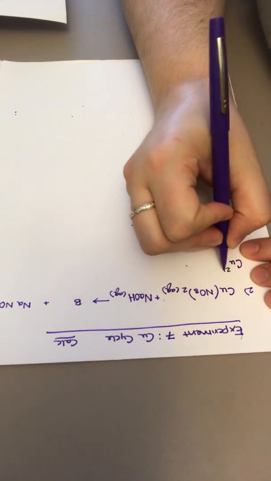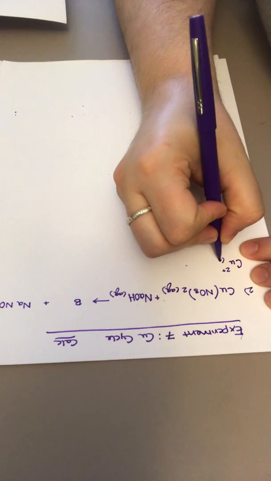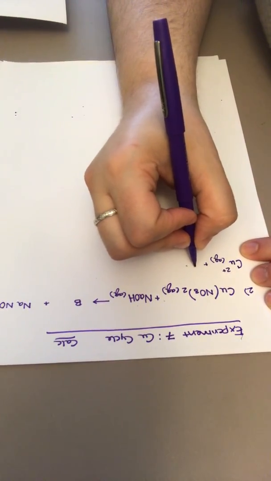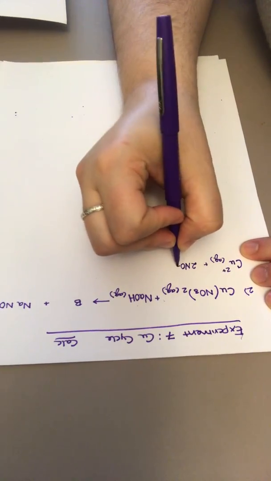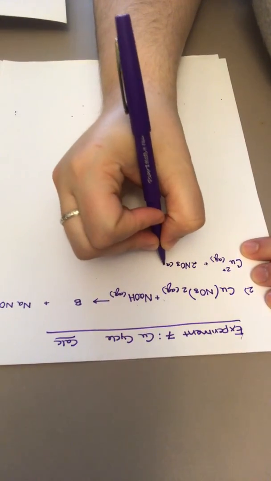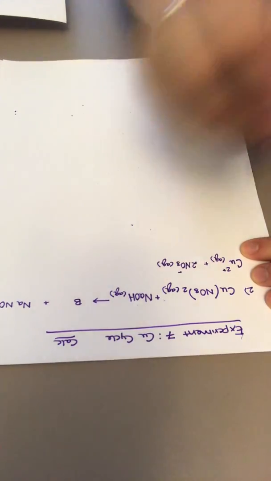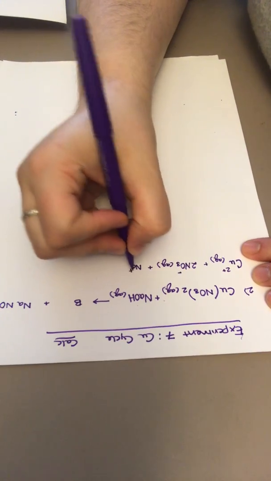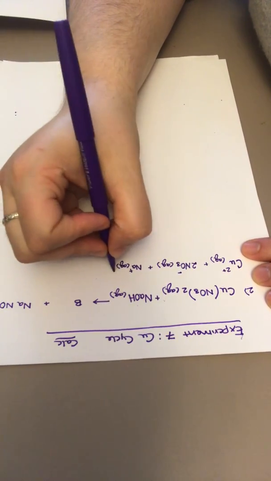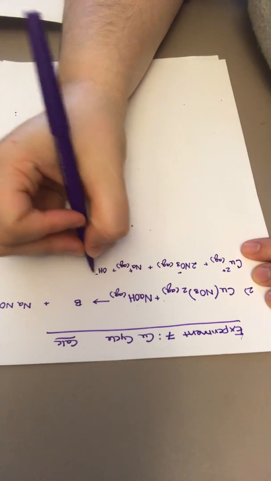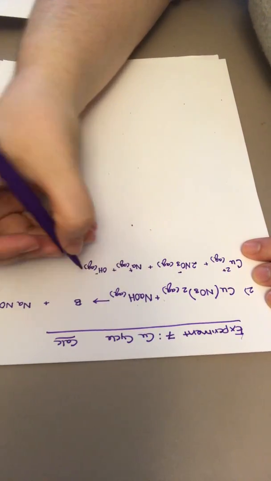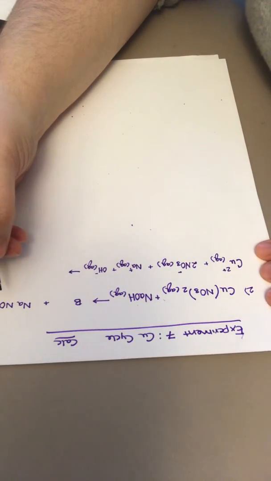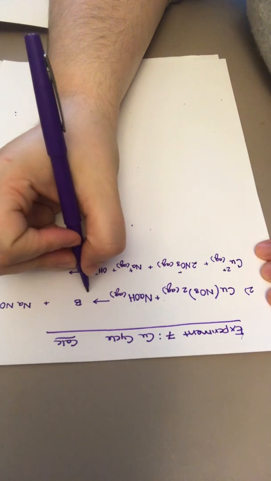So we have Cu2+ aqueous, plus 2 NO3 minus aqueous, plus Na+ aqueous, plus OH- aqueous, and that is going to give us our product B, which we can tell is actually going to be a blue solid.